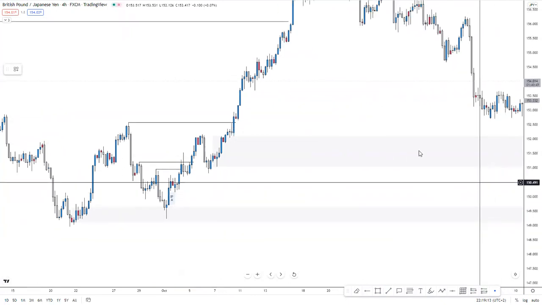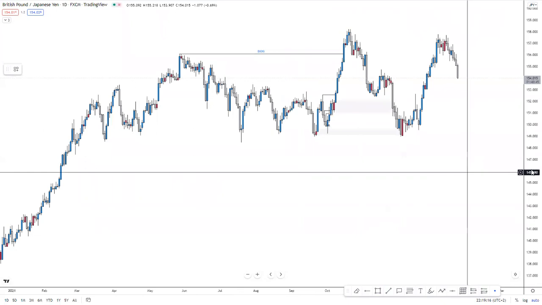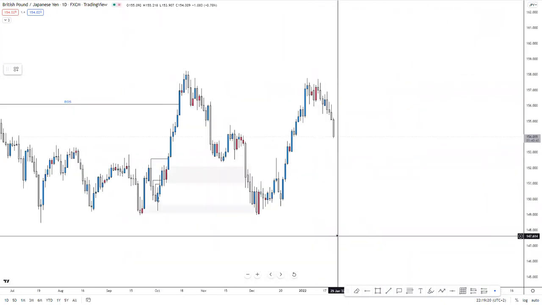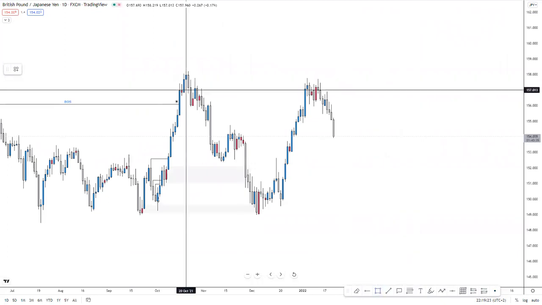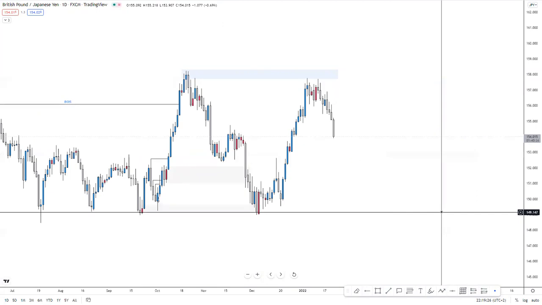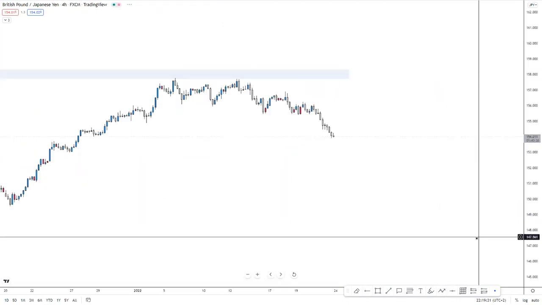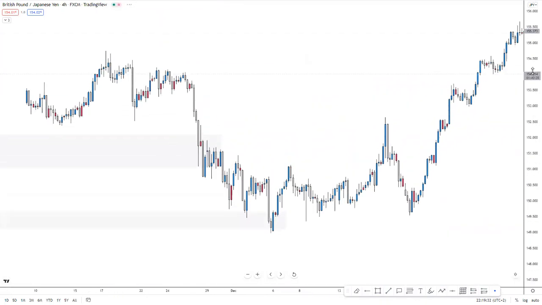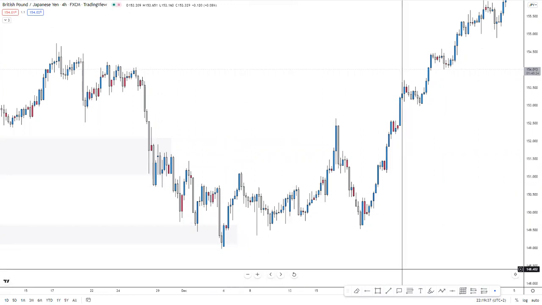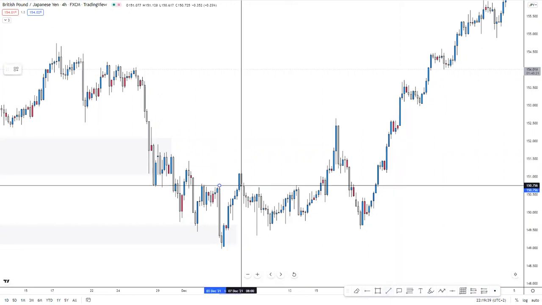So back to the daily, right? We wait for price to get into our area of interest. Obviously now, this is our newfound high, right? We go onto the 4 hour, boom. We wait for price to tap in, break structure, which it does, break structure here, right?